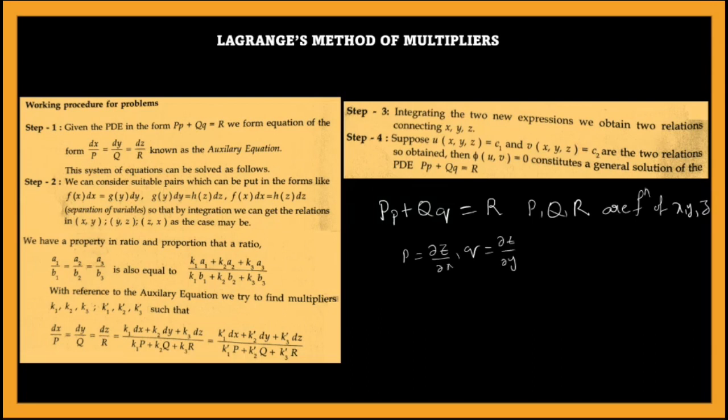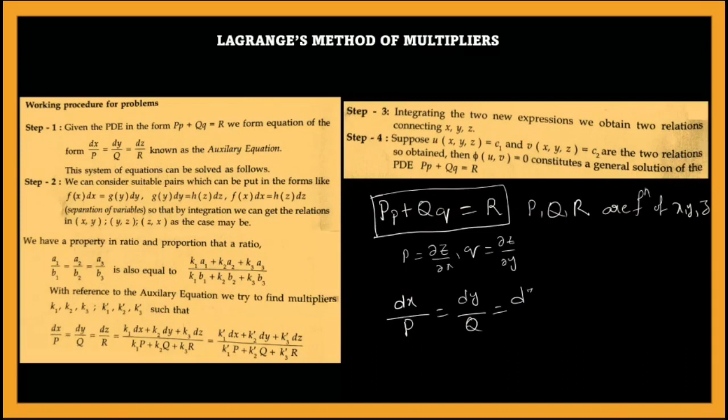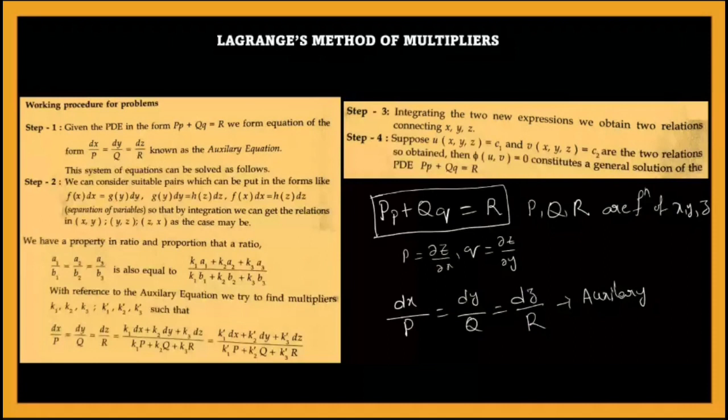Okay, whenever your partial differential equation is of this form, it is called a linear partial differential equation. Then your auxiliary equation will be dx by P is equal to dy by Q is equal to dz by R. Okay, so this is the auxiliary equation. From here we can solve in many methods.